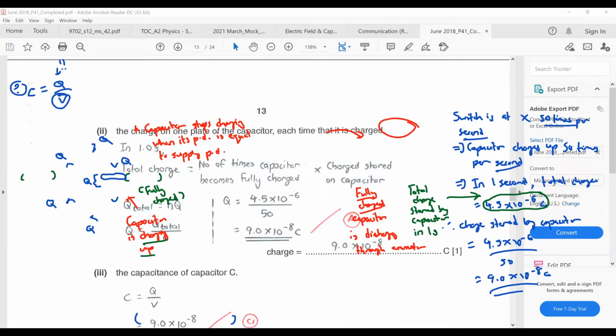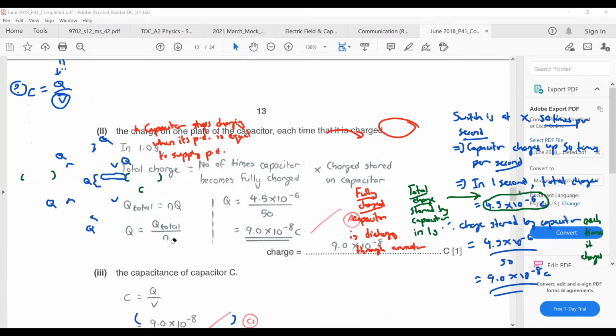Okay, in 1 second, the total charge through the emitter was 4.5 times 10 power minus 6 coulomb. This one is also the total charge stored by the capacitor in 1 second. So you want to find out what is the charge stored by the capacitor each time it charges. Each time it charges, you just take this, divide by 50, because in 1 second it charges 50 times. Okay, so that's why your answer looks like this.